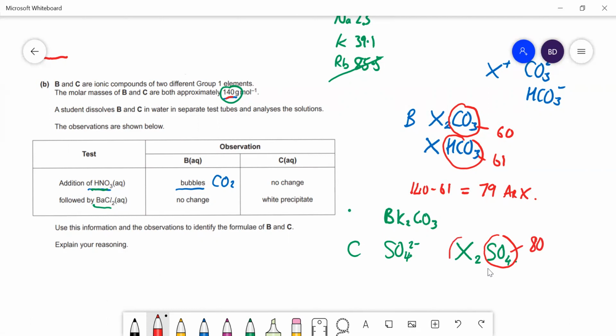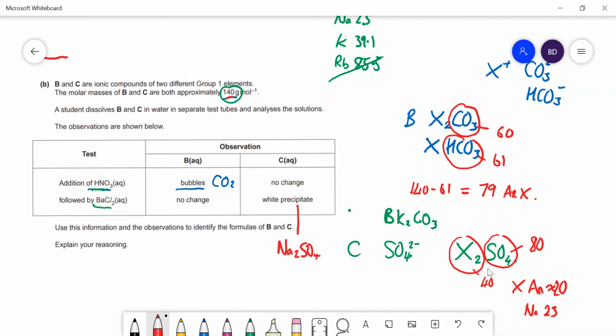This bit has got to weigh about 40, so that means X has got to have an atomic mass of about 20. Well, sodium has an Ar of 23, so I think C has got to be sodium sulfate.